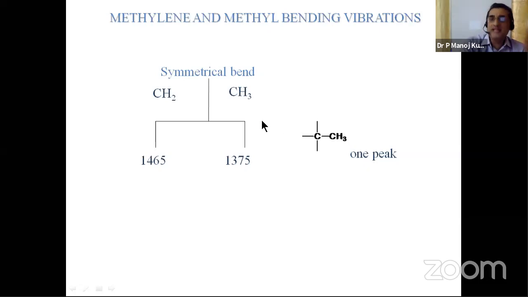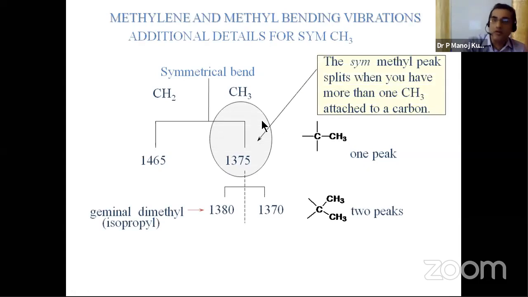If you have 2 methyl groups, I mean an isopropyl group, this band will be split into 2 bands. You can remember it easily: add 5 to 1375 and it becomes 1380; subtract 5 and it becomes 1370. You will get 2 peaks. One methyl group gives 1 peak; 2 methyl groups give 2 peaks. Suppose you have 3 methyl groups, a tertiary butyl group.